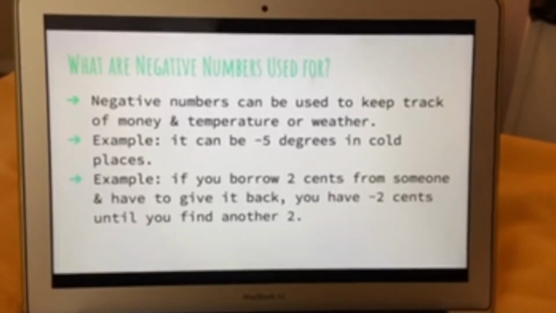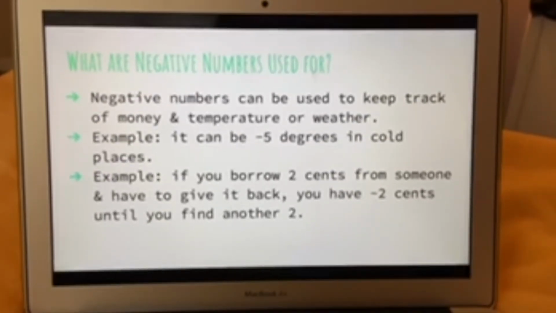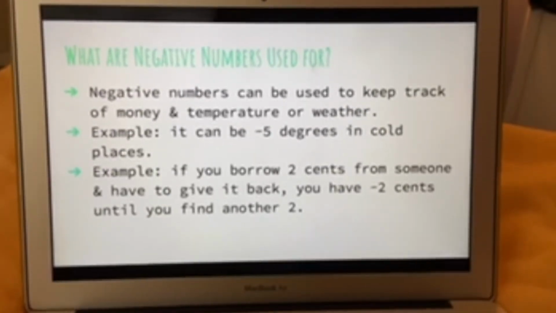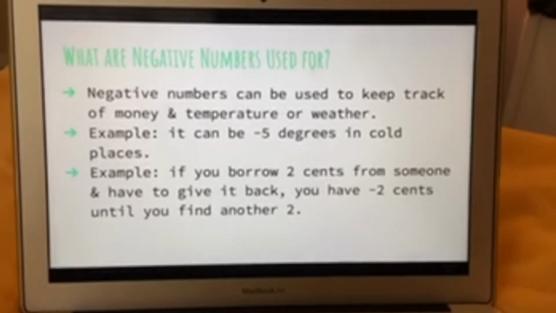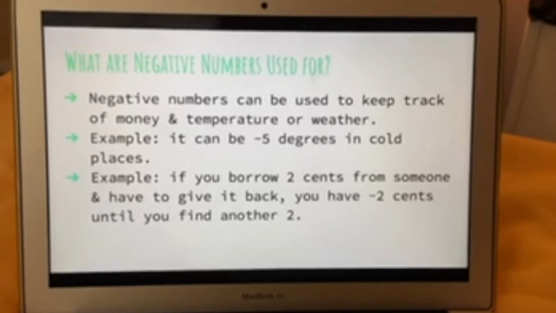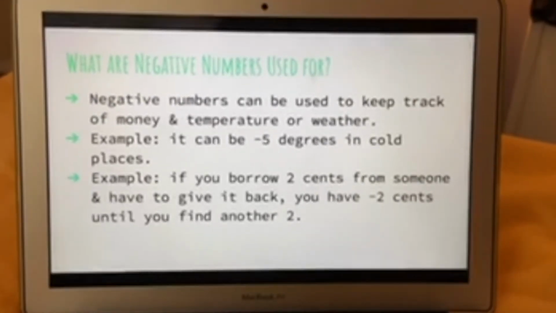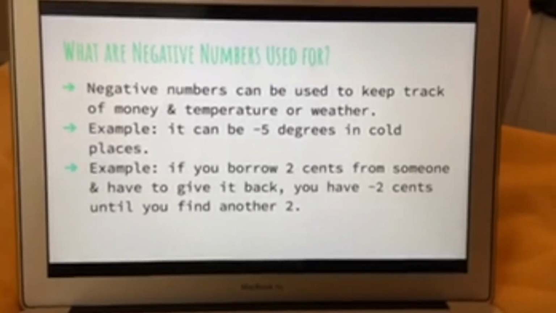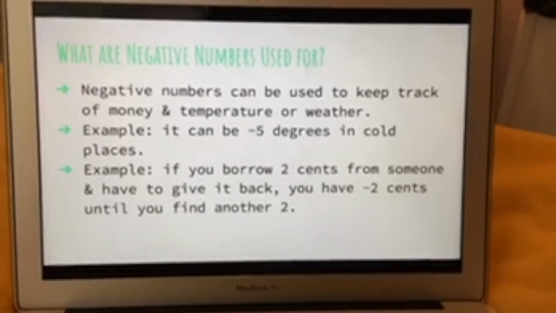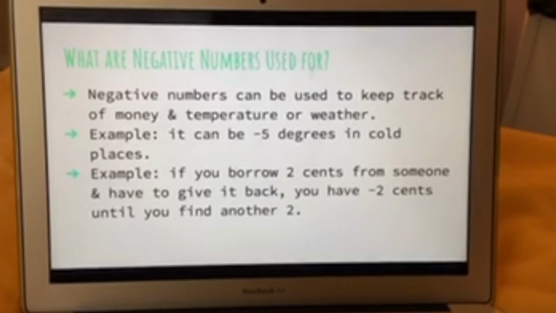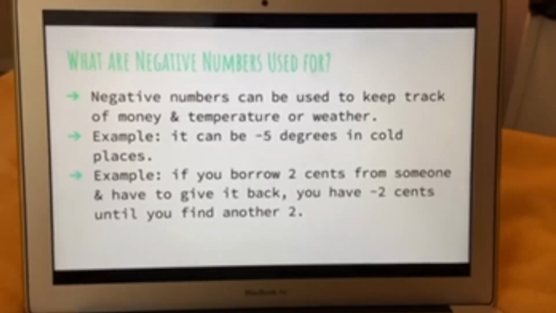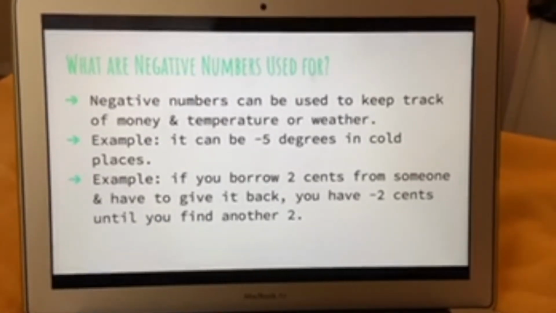You can go ask your parents or whoever is watching you to borrow 2 cents to go buy that ice cream. If you end up buying that ice cream, you no longer have 2 cents. You have negative 2 cents. You would have to find another way to get back those 2 cents to pay back whoever gave you the money.